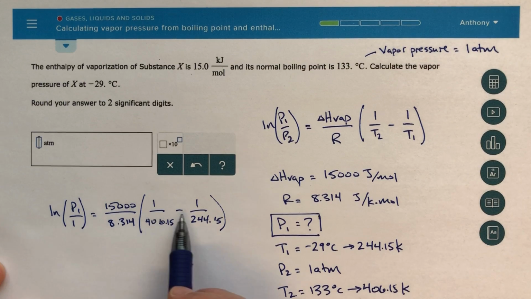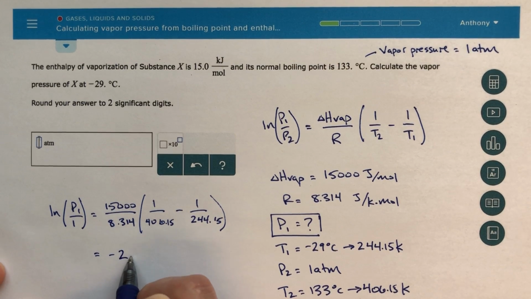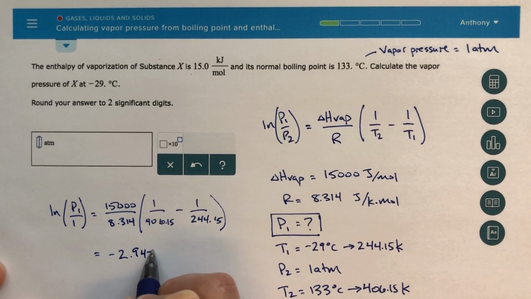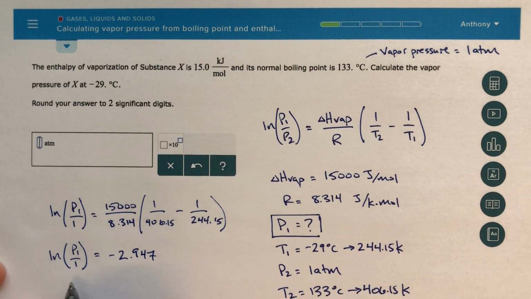So if you calculate this out, again, be careful with how you're entering everything into your calculator. You should end up with minus 2.947 for the right-hand side. And then we still have the natural log of P1 over 1, or we could simplify that to just P1. And then to get rid of the natural log, we're going to take e to the power of both sides.